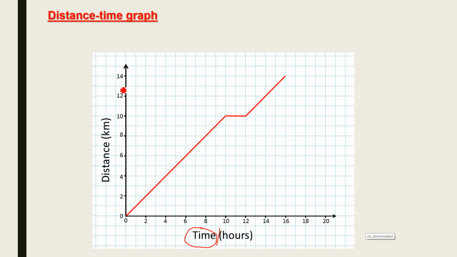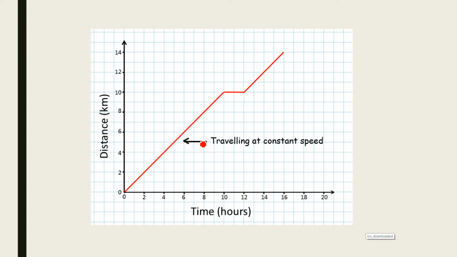Okay, girls. So the y-axis represents distance, the x-axis represents time. Look at the first part of the graph. During this part, they said that the car is traveling at constant speed. Why? Just repeat the meaning of speed in your mind.